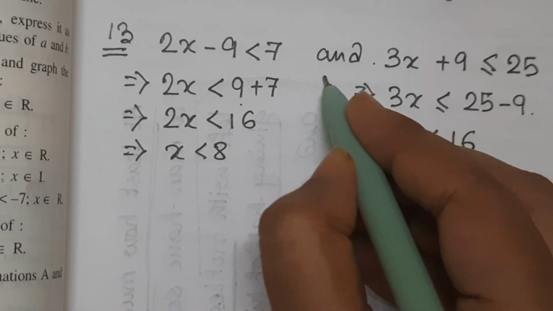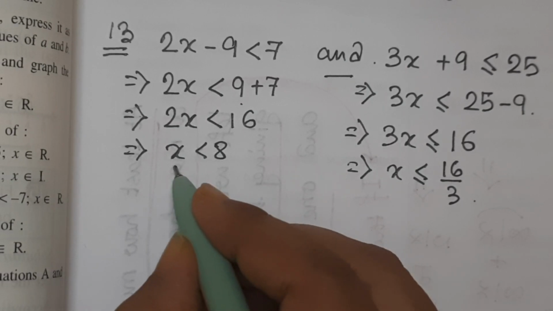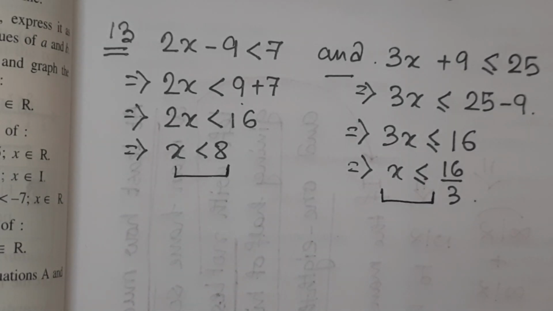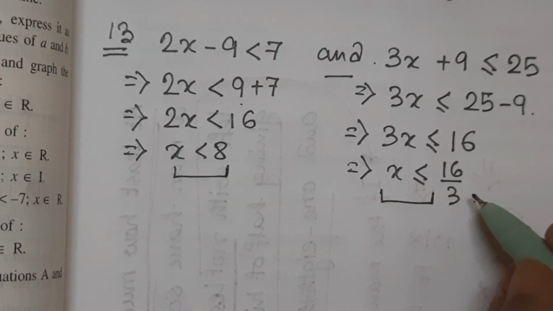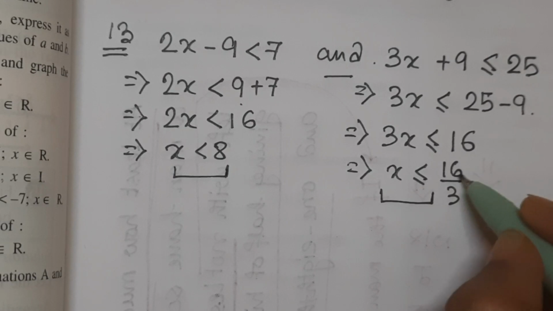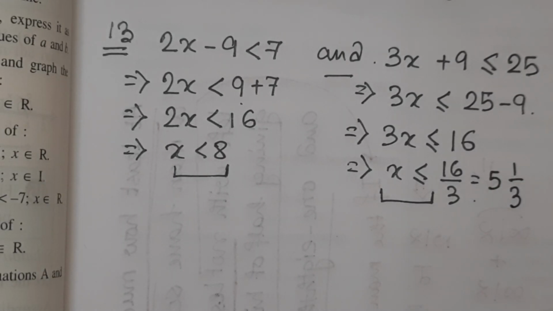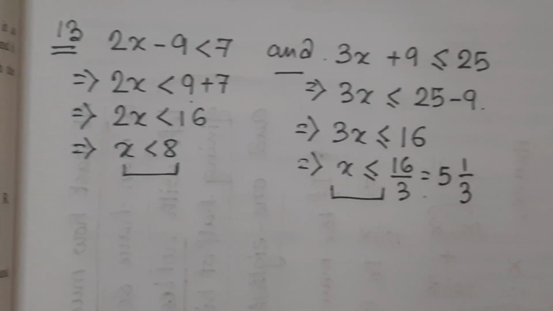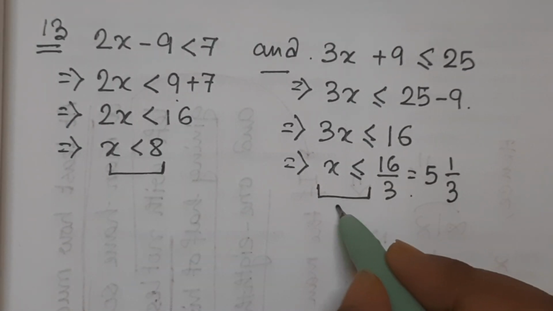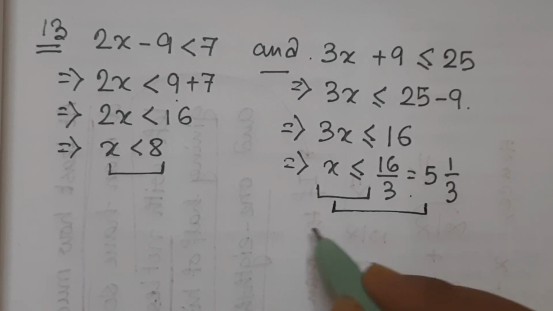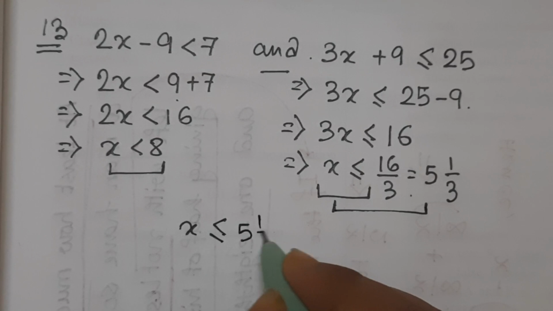See, there is an 'and', that means you have to consider both. Now x is less than 8 and x is less than or equal to 5 and a 1 by 3. Now 5 and a 1 by 3 is less than 8, so you have to consider this one. So x is less than or equal to 5 and 1 by 3.